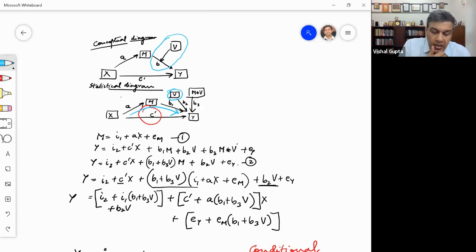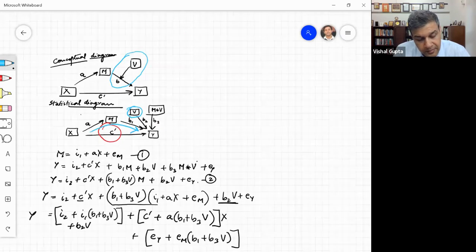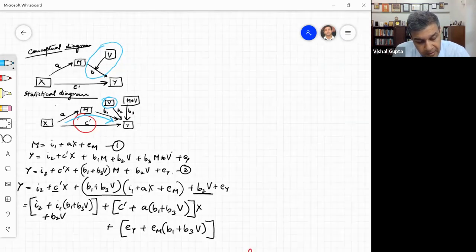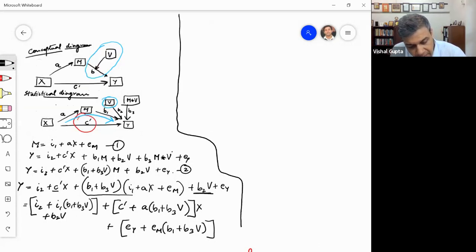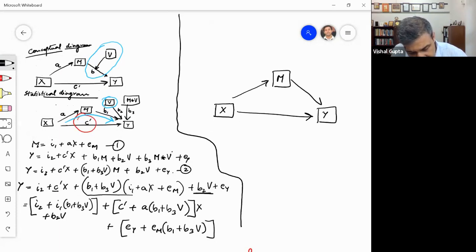Now just an interesting fact, or for your clarification, tell me if you are with me up till now. If you have a model like this, is this conditional process analysis? Is this a conditional process model?